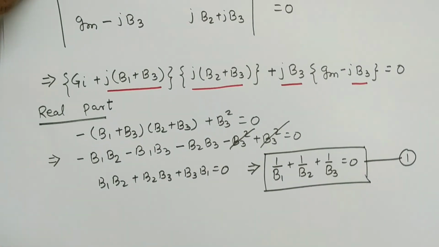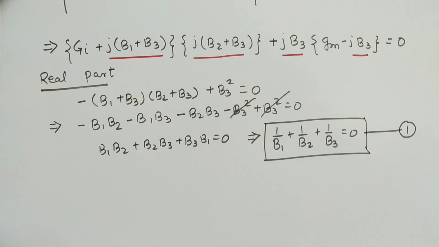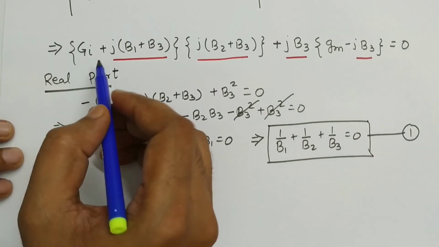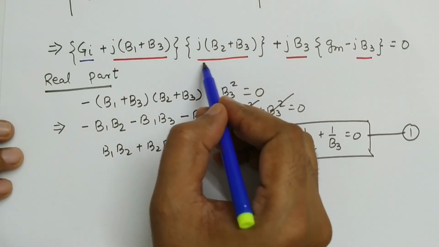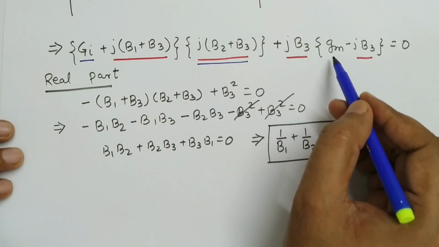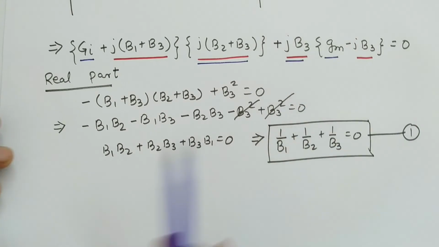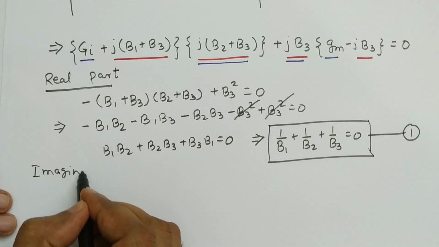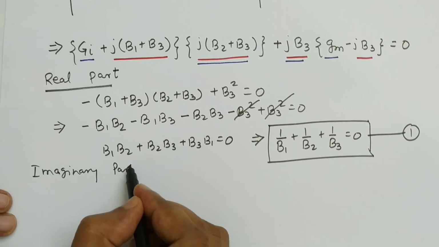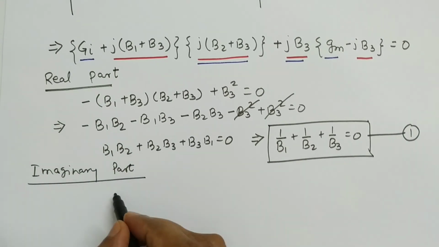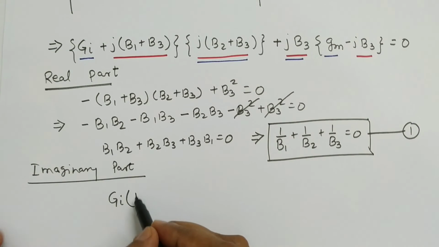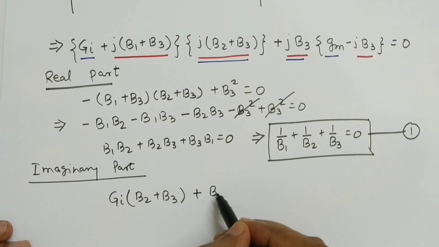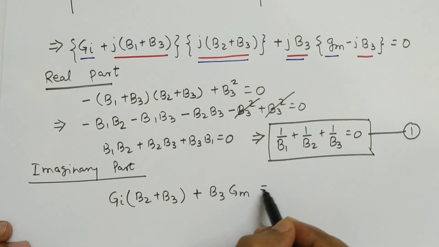Similarly, we can find the second equation by taking the imaginary part, and the imaginary part we can find from gi multiplication with this and gm multiplication with this. So let's write that. gi into b2 plus b3 plus b3 into gm equal to 0.